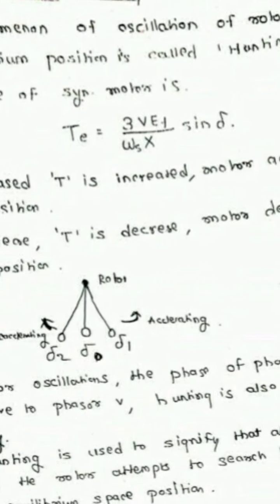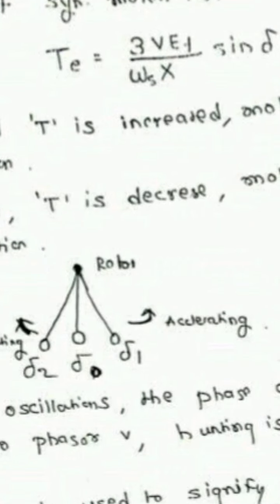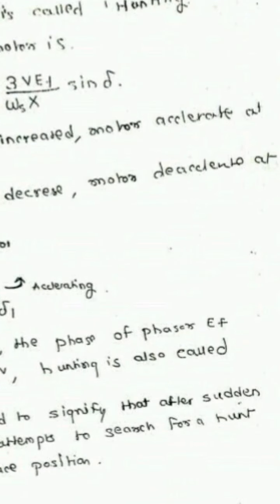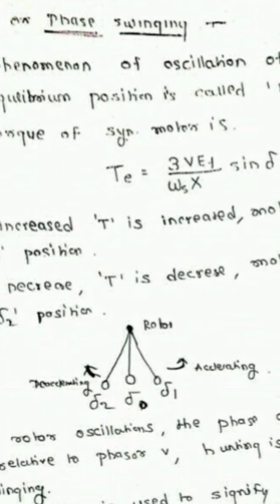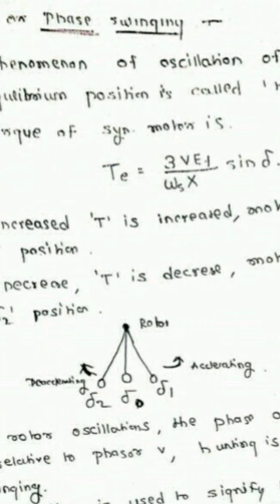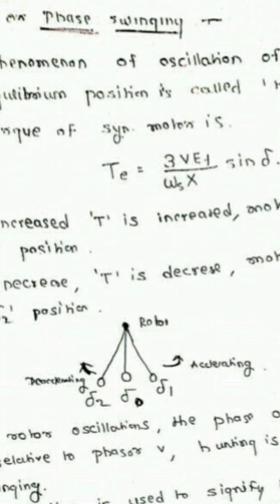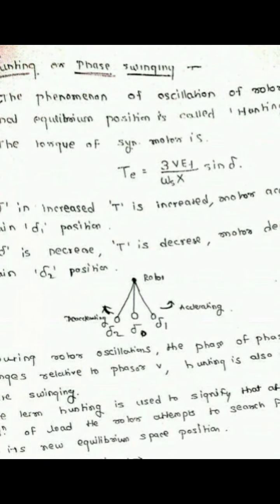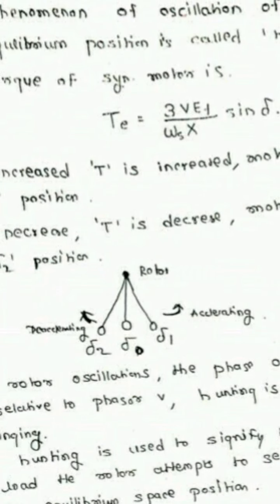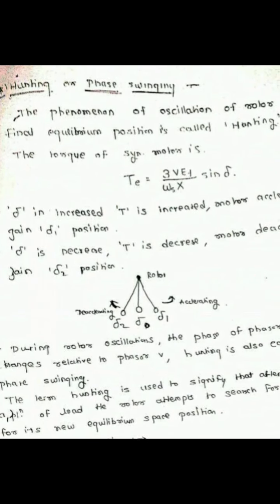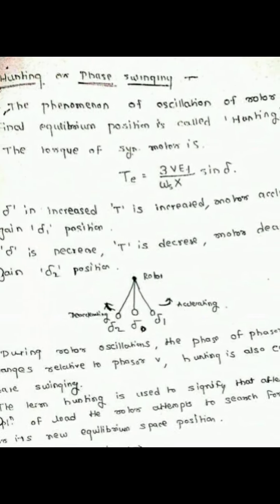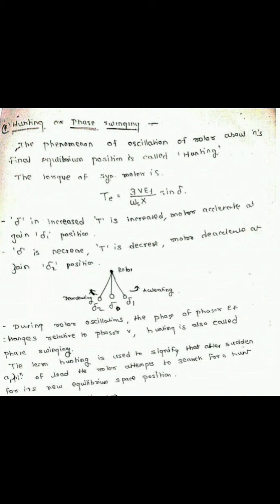This relationship is shown in the figure in which the rotor position is delta 0 at standstill. After accelerating, the rotor position is delta 1, and after decelerating, it is delta 2. The oscillation of delta 0 from delta 1 to delta 2 is called hunting or phase swinging of a synchronous motor.